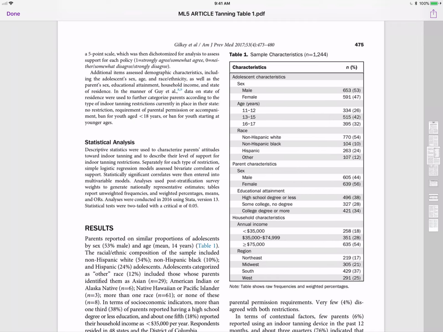For example, at the very top it says sex, male, female. It might be hard for somebody looking at just 653 and 591 to say, well, that's close to half, but how close? So the percent in the brackets, 53 and 47, really helps draw a person's attention to those numbers.